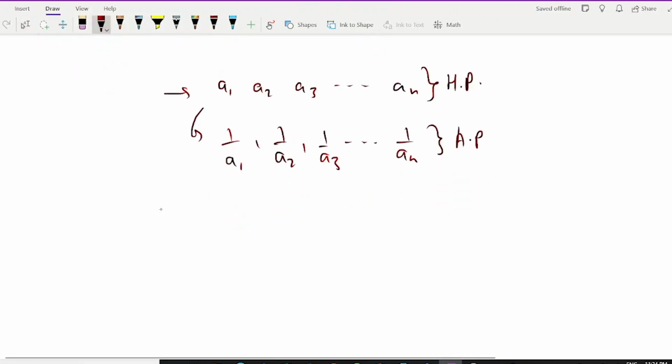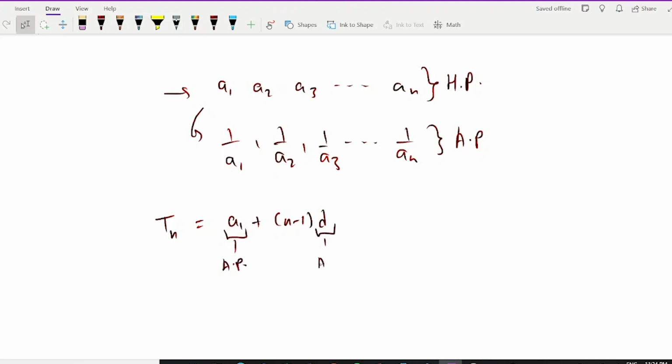Now we know the formula for the nth term of an AP, that is a1 plus (n minus 1)d, where this a1 is the first term of AP and d is the common difference of AP.